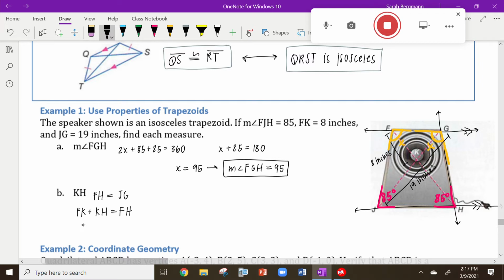So what I can do is write this equation: 8 plus KH equals FH, but I know FH and GJ are the same thing, so I can plug in 19 there. Now I can solve this to get KH equals 11 inches.